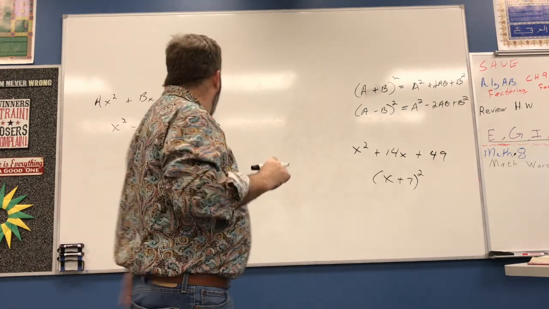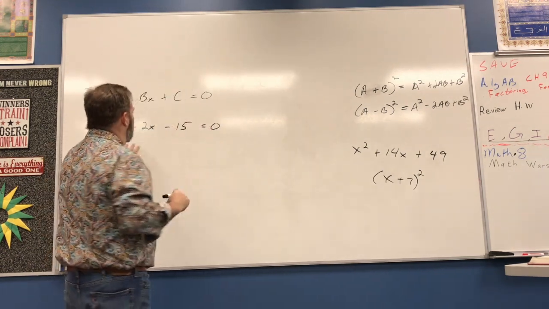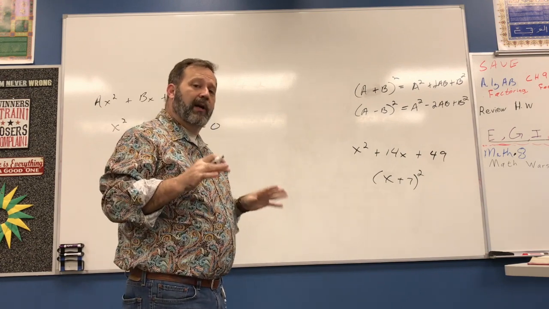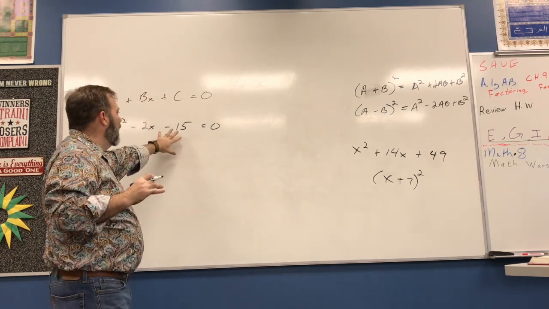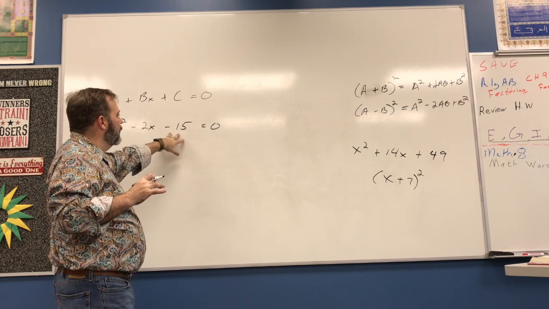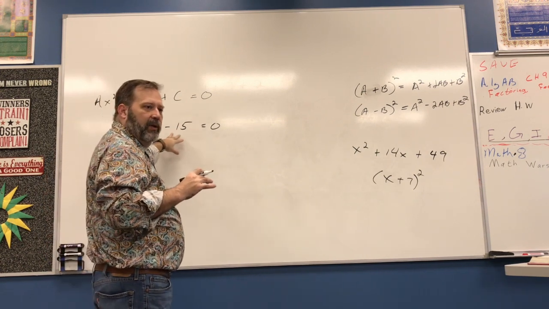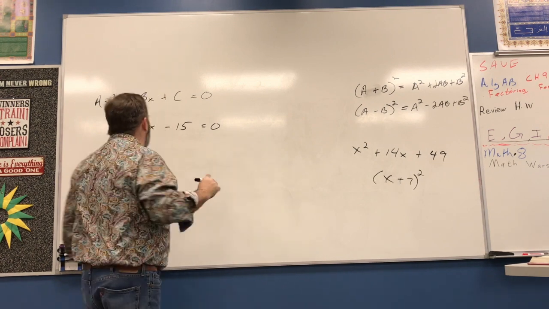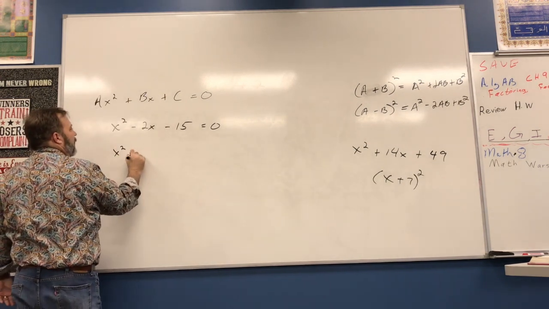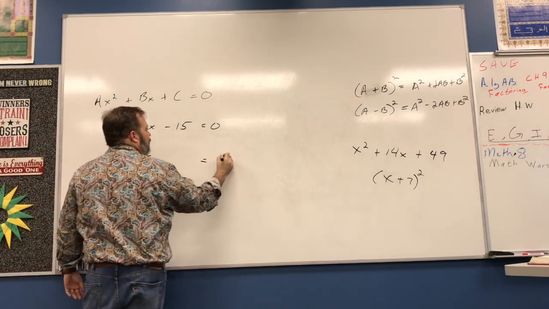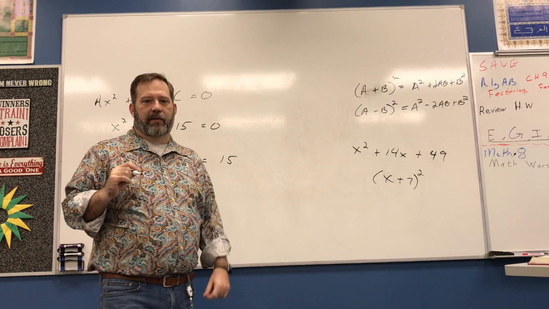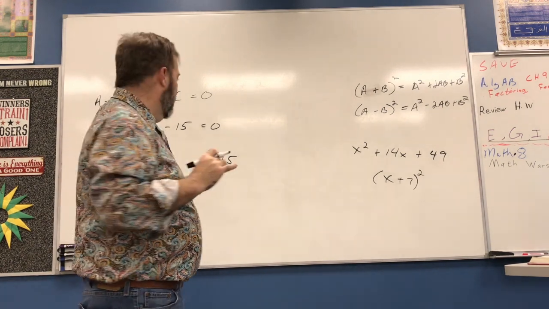When we look at this, I'm going to complete the square. What I mean by that is, since I can't really move this thing, I'm going to move it off to the other side. So I'm going to call this x squared minus 2x equals a positive 15. I'm going to set it way off over there to the other side, and just leave it there for a little bit.